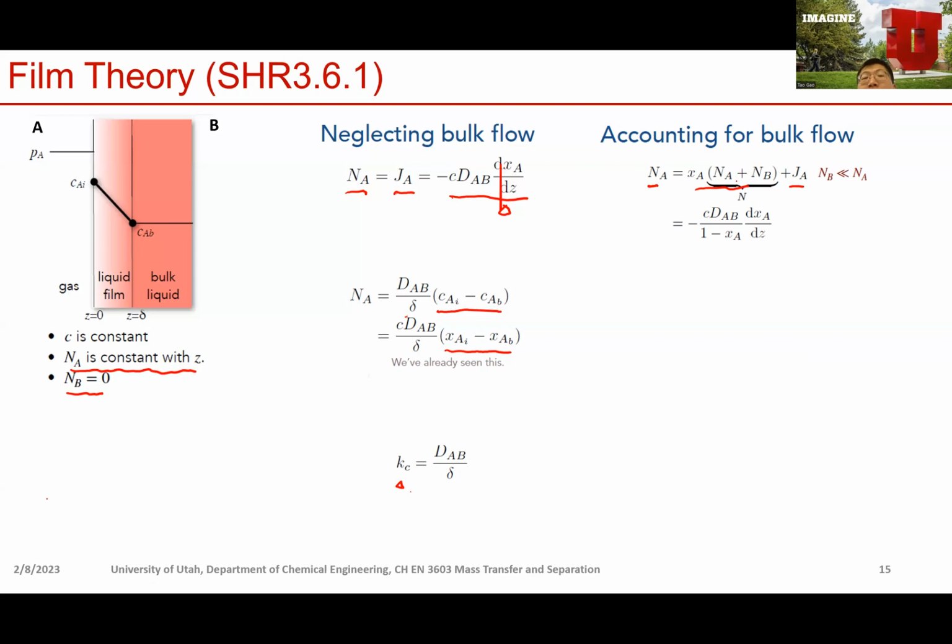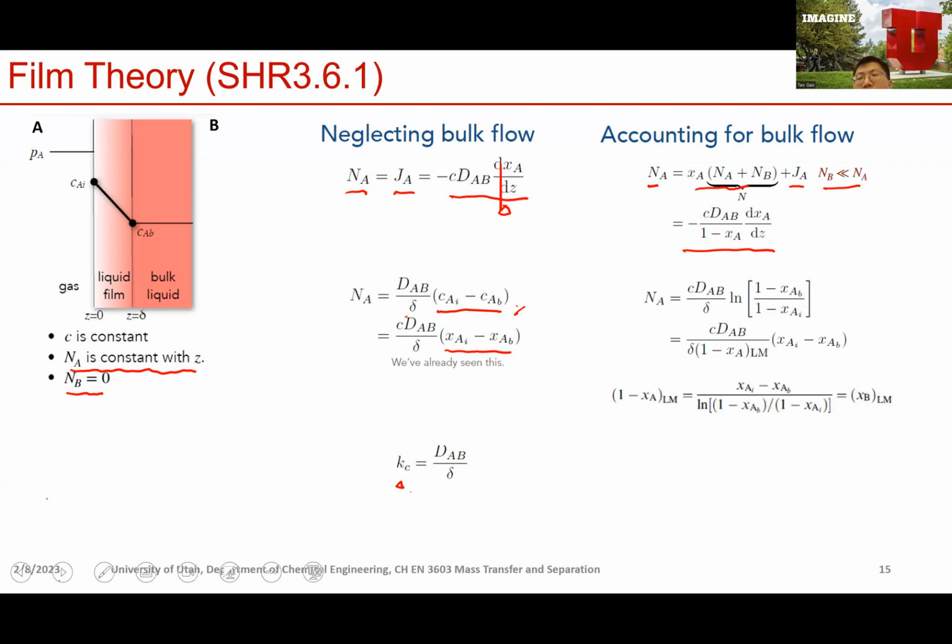In this case, again, because NB is negligible, that helps us greatly simplify this equation to this form, right? We've derived this before. And now we can approximate this derivative with the ratio of differences, similar to what we did here.